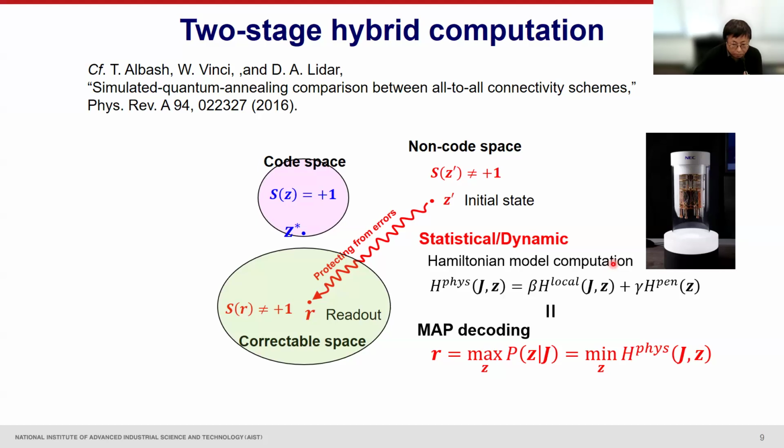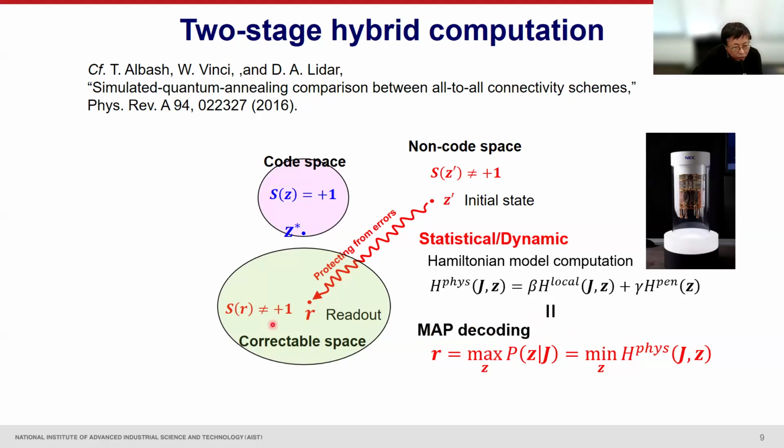This readout state R gives the inferred state of the target state from the viewpoint of maximum a posteriori decoding, MAP decoding.